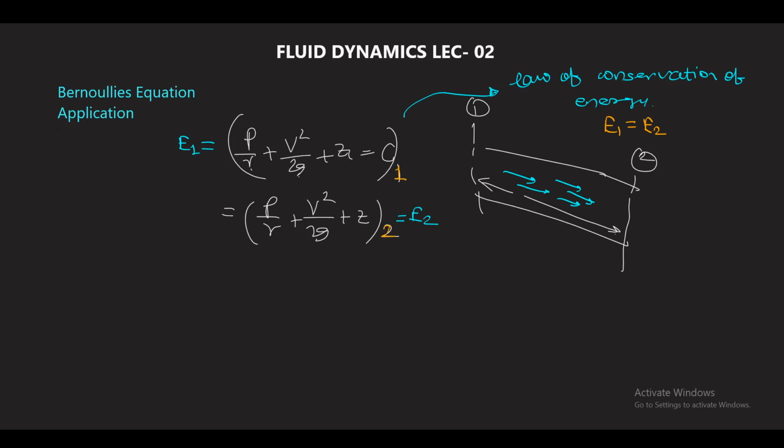But in the case of real fluids, due to the molecular friction, some energy is lost here. Why is it lost? Because the liquid has to overcome the friction. So some part of the energy is utilized here to overcome the friction.